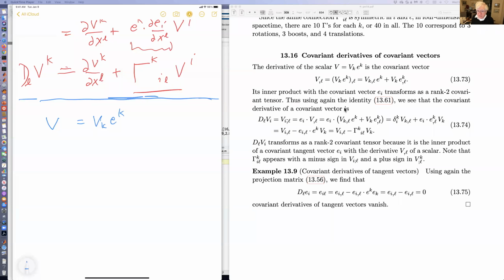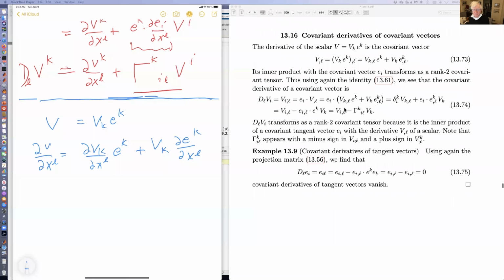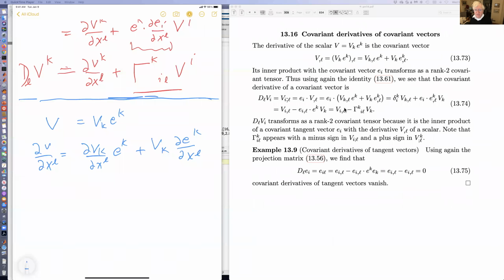And now we take a derivative, partial V, partial XL, and so this is partial VK, partial XL, EK, plus VK, partial EK, partial XL. And then we take a dot product of that with EI.